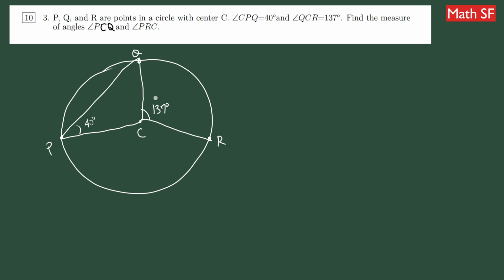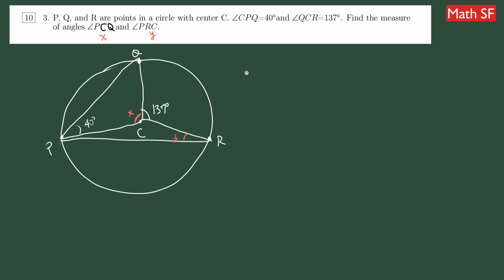Find the measurement of the angles PCQ, so I'm going to write PCQ. PCQ should be here. Let me call this X. And PRC, so I'm going to connect these points here. PRC is probably going to be Y.